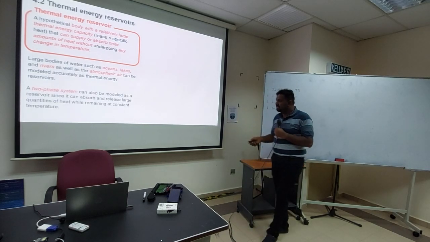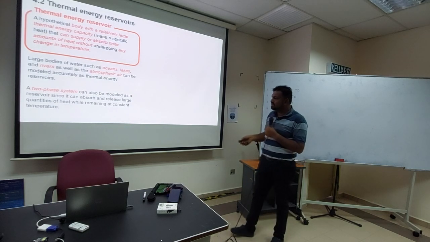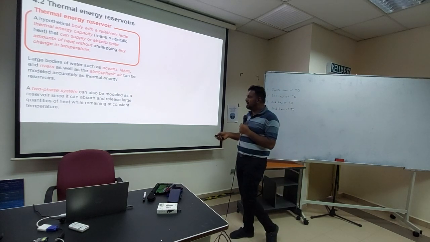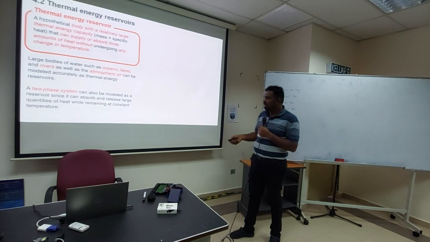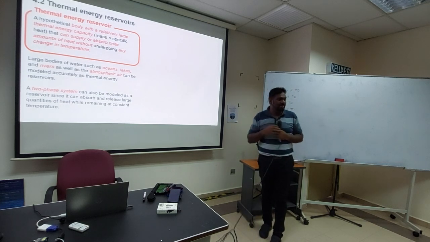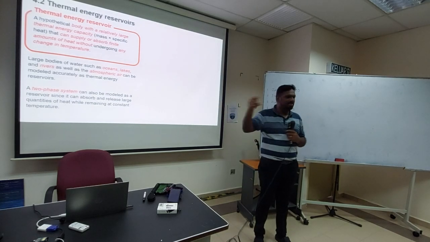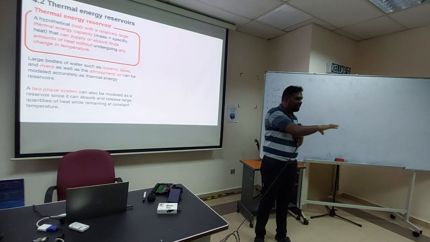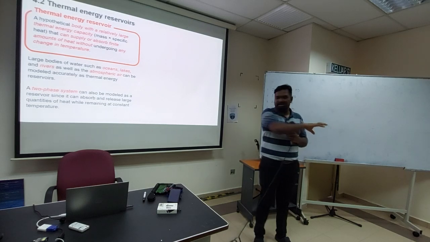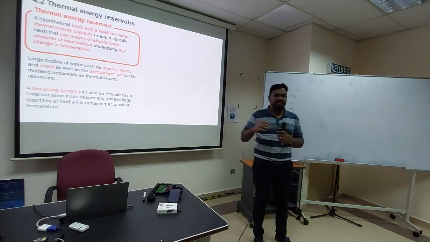A two-phase system can also be modeled as a reservoir, since it can absorb and release large quantities of heat while remaining at constant temperature. A two-phase system is like a power bank. You charge it from an electrical source for one phase, then from the power bank to your phone, which is the second stage.